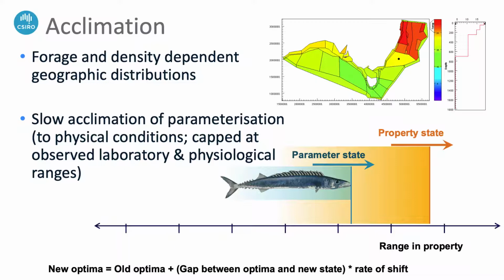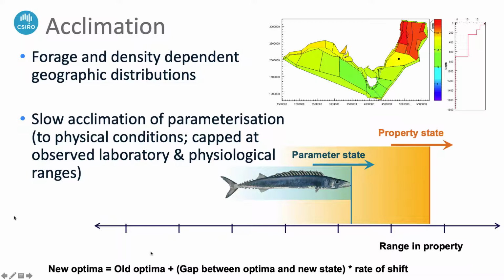So particularly used under climate change for foraging, density-dependent geographic distributions. And what happens is basically as the property state shifts, the parameter state can slowly shift to match as well. It basically follows this kind of representation.